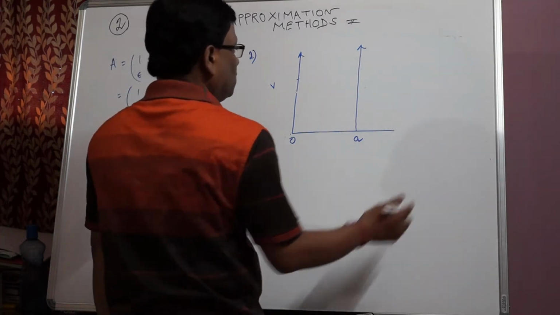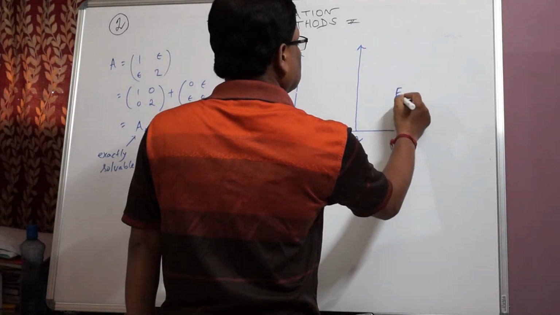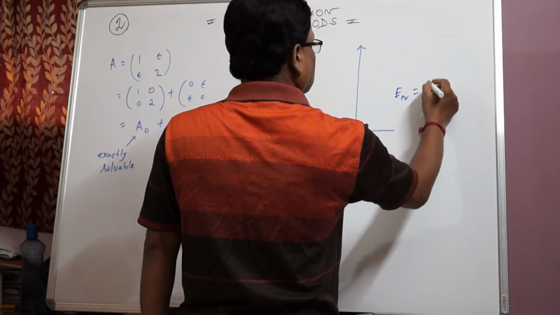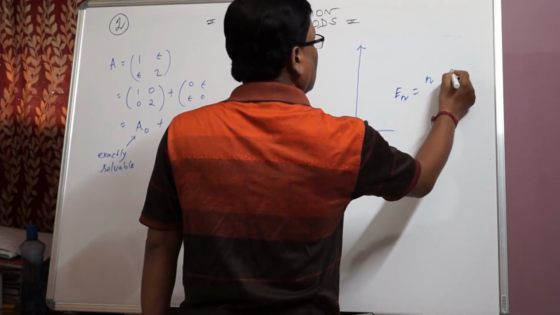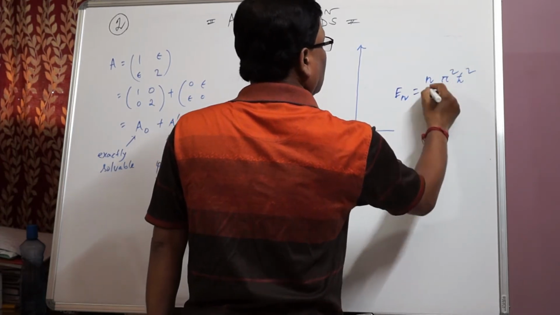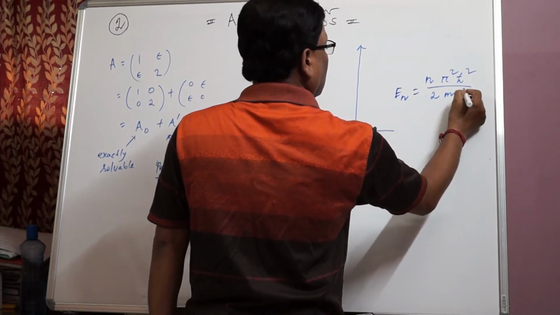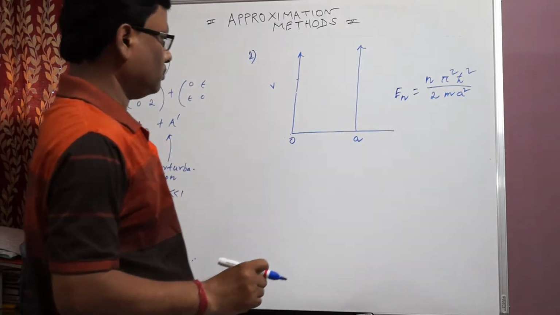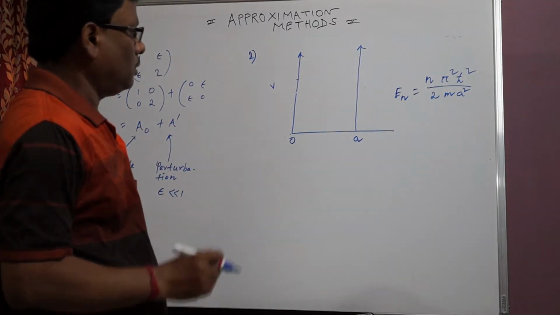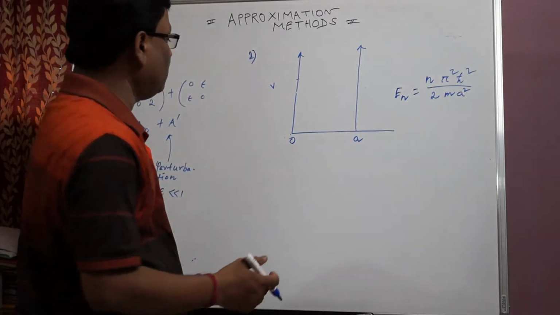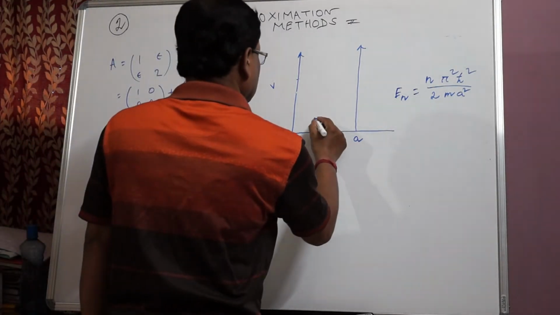We know its Hamiltonian, and we know its eigenvalues are like this. Now you add a perturbation to this Hamiltonian, say like this.